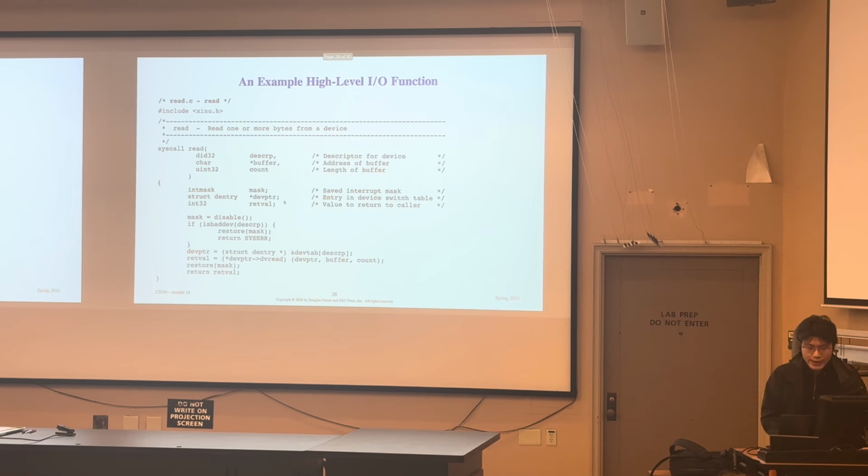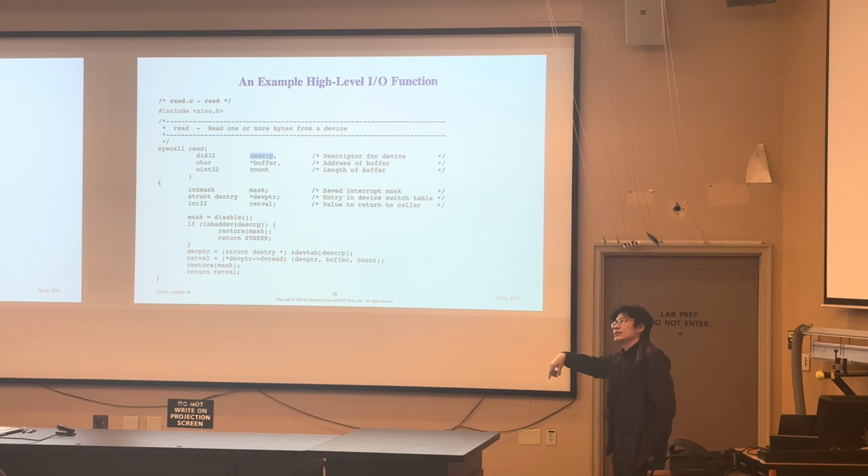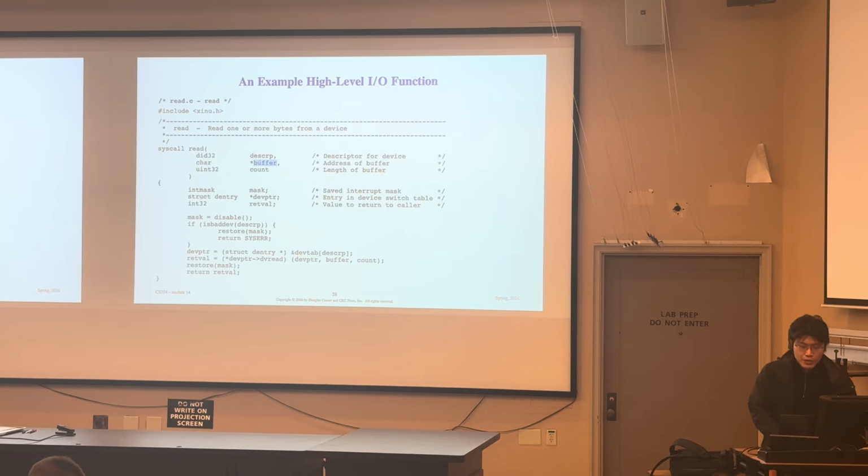Let's look at the read. Okay. So this is the read function. It reads one or more bytes from one device. You can see that this did32 is the descriptor of the device. This device descriptor is used to identify which device you are trying to call in the device switch table. And the second parameter, because you are performing a read, you're giving it a buffer.